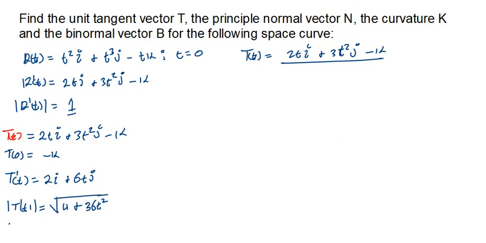If you evaluate the magnitude of the first derivative of the unit tangent vector at t equals 0, that's supposed to give you a 2, because when you place 0 here, the square root of 4 is simply a 2.